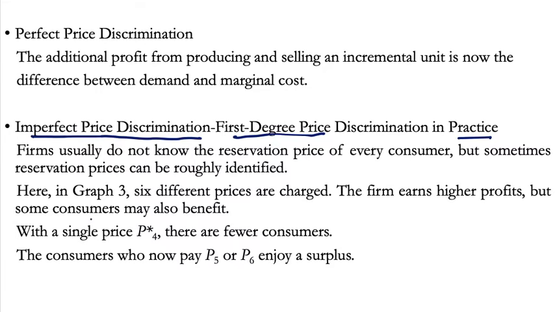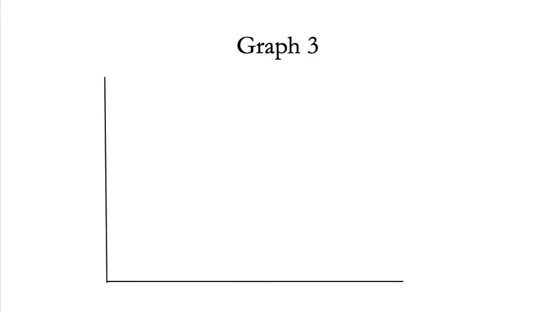Can we show it in the form of a graph? Now, this is graph 3. I want to explain to you the imperfect price discrimination, because we know that it is almost impossible to charge a different price to every single person. Now, price is here, quantity is here.